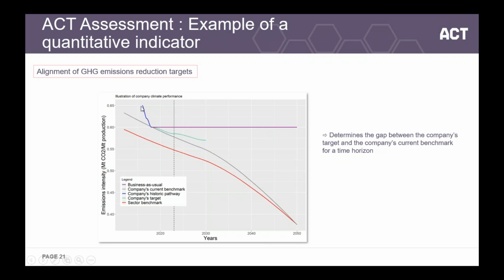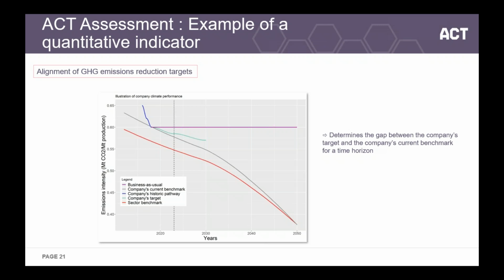We have the blue line, which is the company's historic pathway in terms of emissions intensity per ton of production of product, for example. The green line is the company's target. In this example, this company has a target until 2030. The purple one is business as usual, which is equal to the year of the assessment, and it's horizontal.